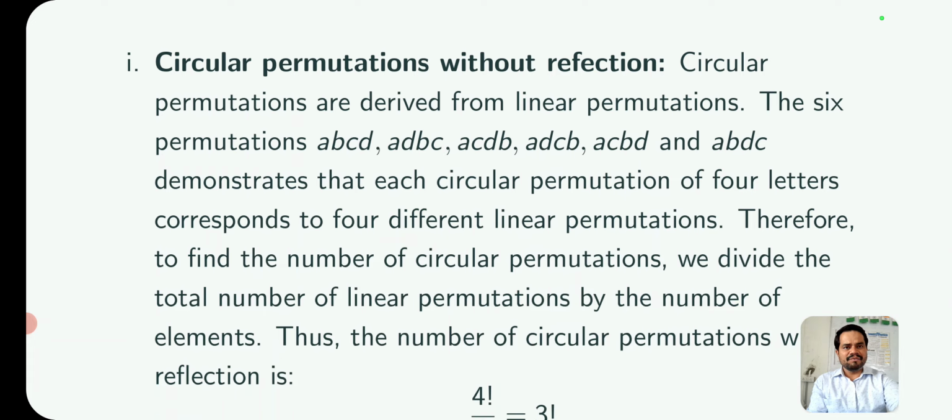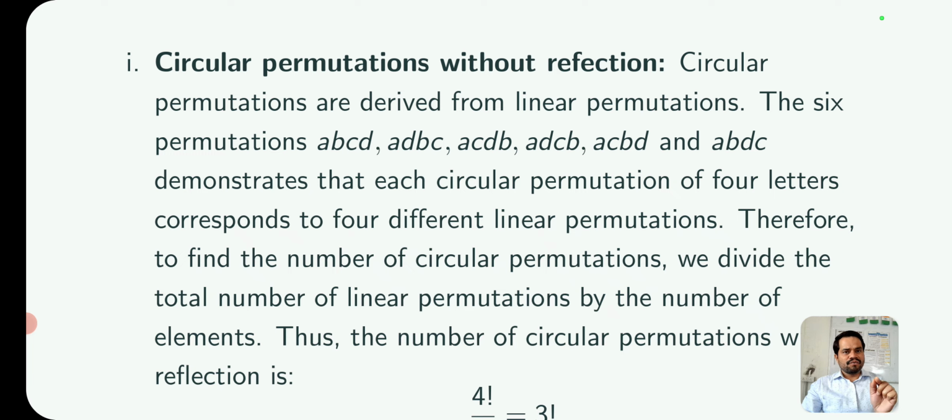The first kind is circular permutation without reflection. The circular permutations are derived from linear permutations. There are 6 permutations given in the figure: A, B, C, D; A, D, B, C; A, C, D, B; A, D, C, B; A, C, B, D; and A, B, D, C. These demonstrate that each circular permutation of 4 letters corresponds to 4 different linear permutations.